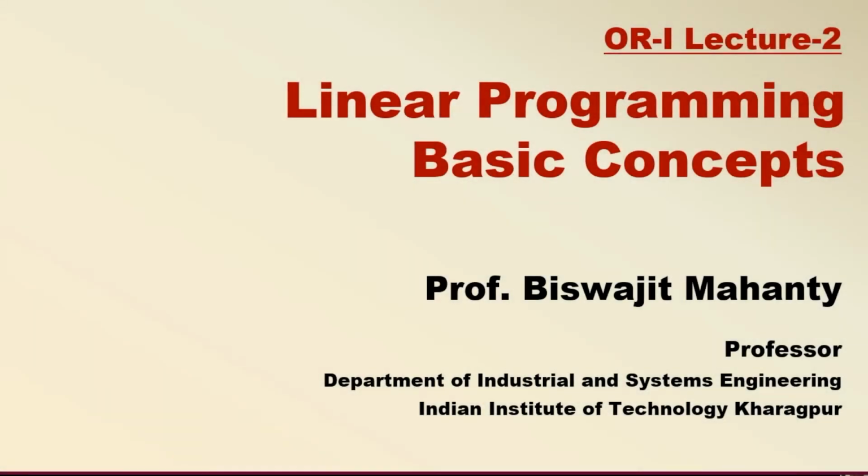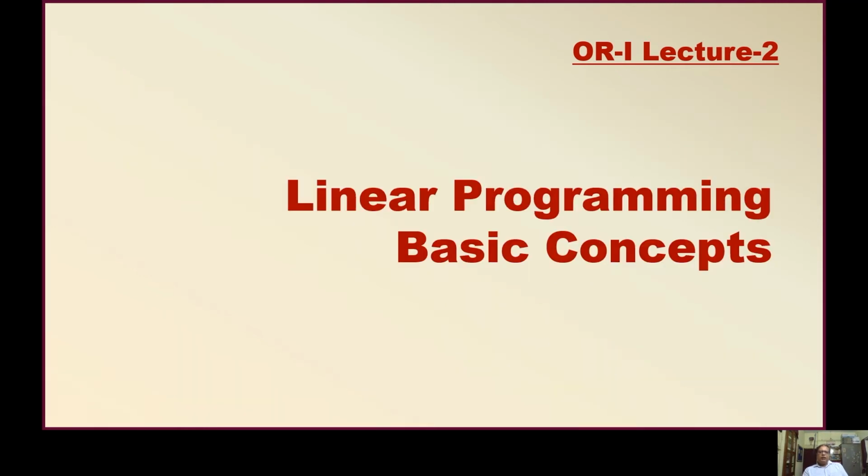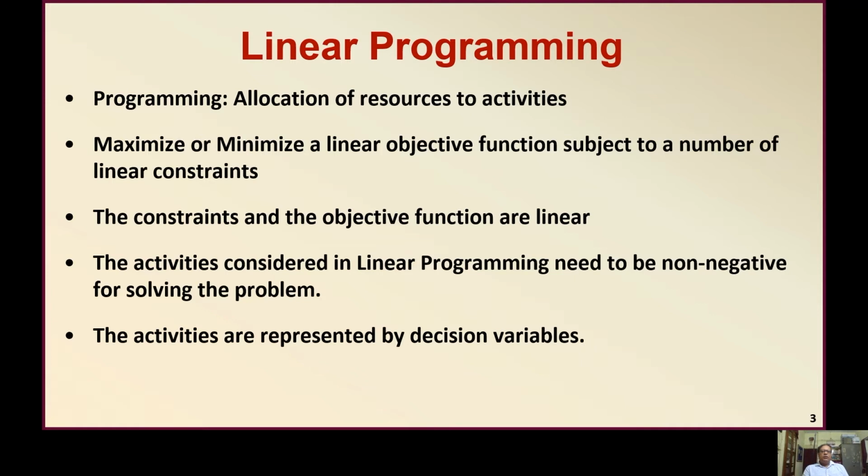So we are now in our second lecture, that is linear programming basic concepts. Essentially, we had already discussed that linear programming is about programming, that is allocation of resources to activities.